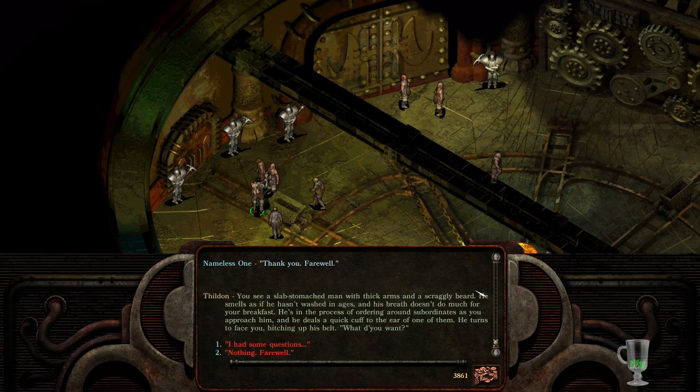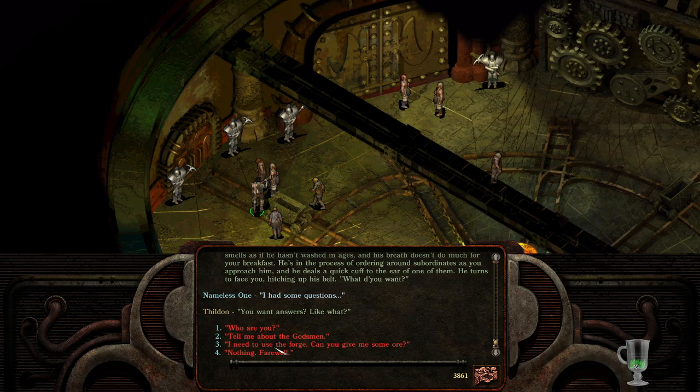See a slab-stomached man with thick arms and a scraggly beard. He smells as if he hasn't washed in ages, and his breath doesn't do much for your breakfast. He's in the process of ordering around subordinates as you approach him, and he deals a quick cuff to the ear of one of them. He turns to face you, hitching up his belt. What do you want? Some questions.